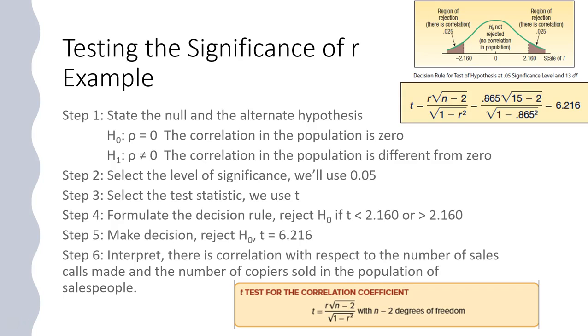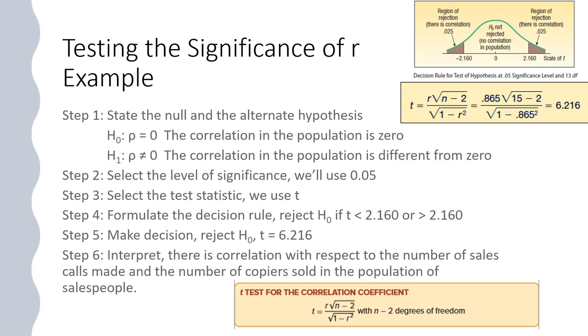Since it didn't specifically say what significance level we should be using, we are going to assume 0.05 as my alpha value. Then I'm going to use the t-test for the correlation coefficient formula shown at the bottom of your slide to calculate the value of t, which is 6.216.